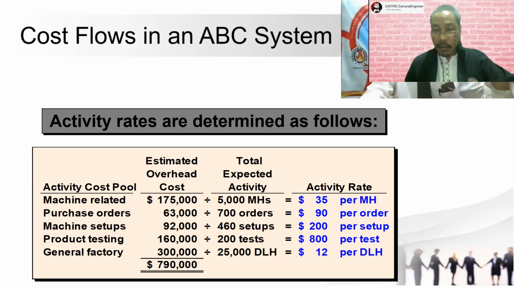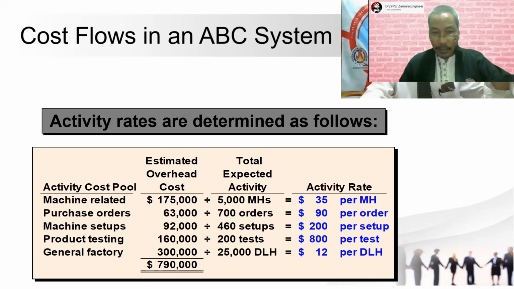We already know the conventional computation in our previous, for example, financial accounting. But for activity-based costing, this is how we compute the activity rate. So we have what? $35 per machine hours for the first line.